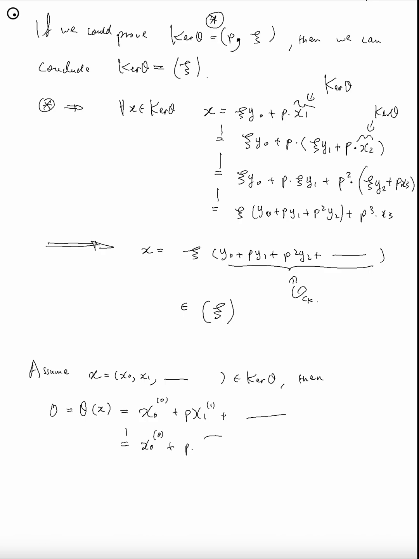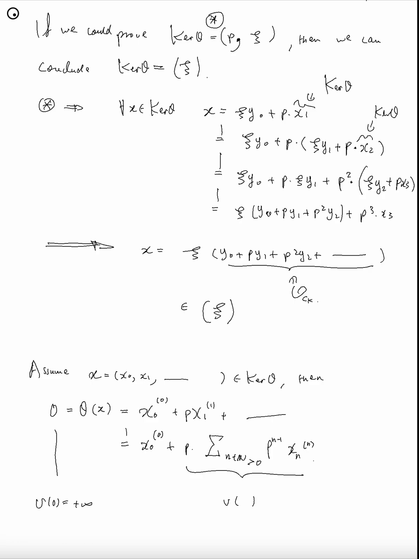p times the summation, over n bigger than 0, of p^(n-1) x_n n. So the valuation of this is infinity.